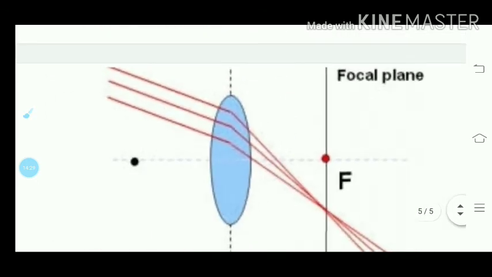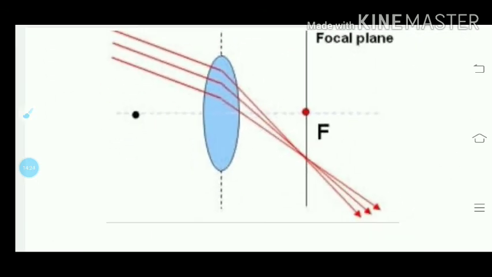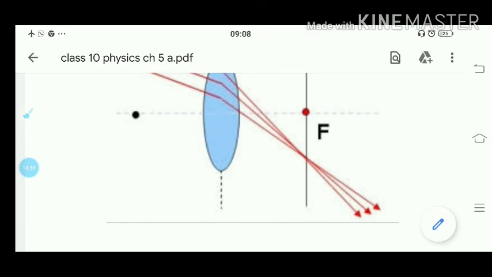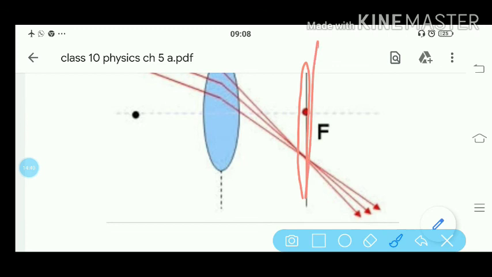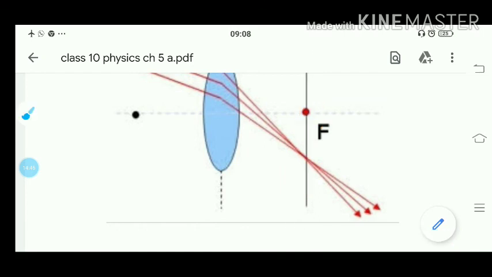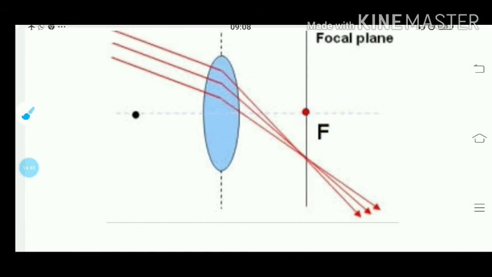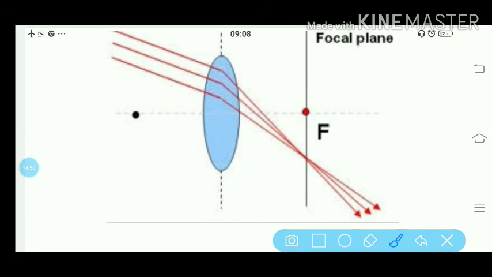Now next is focal plane. A plane normal to the principal axis passing through the focus is called the focal plane. This is the focal plane. First focal plane and second focal plane, two focal planes are there in a lens.